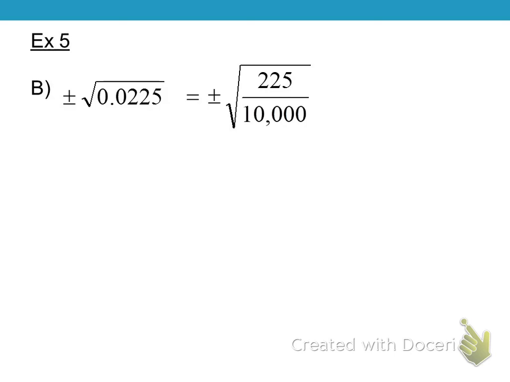Now what can I do? Well, first we need to take the square root of the numerator over the square root of the denominator. You take the square root of each piece. Okay, 225. It's 15. 15 times 15 is 225.